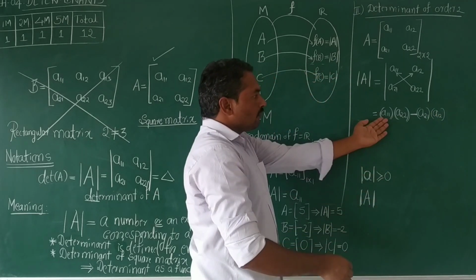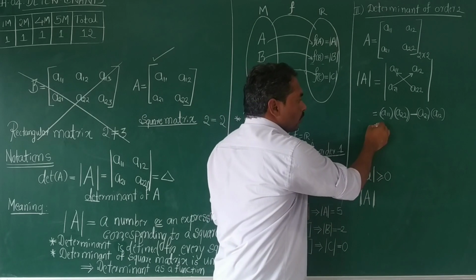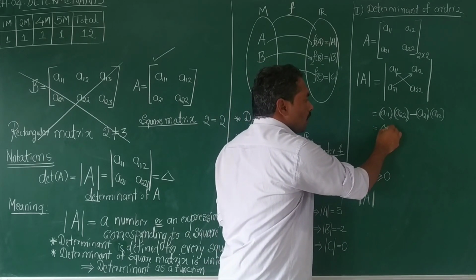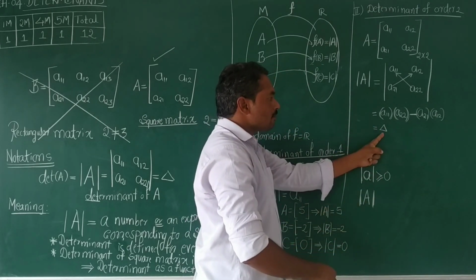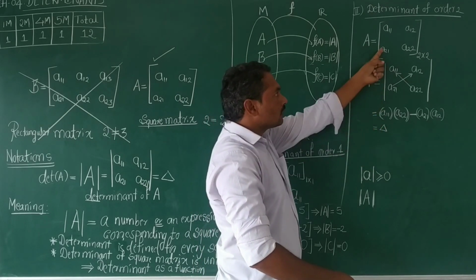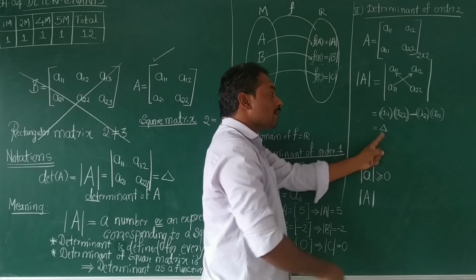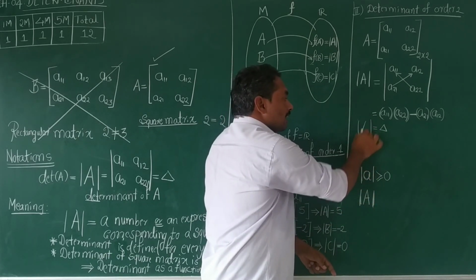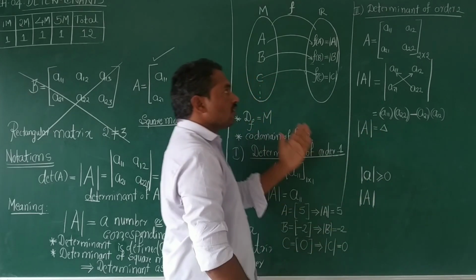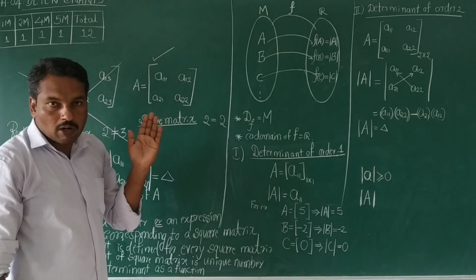After simplification of this calculation, we get a real number or a complex number. That number corresponds to this square matrix, therefore it is known as the determinant of that square matrix. So how do we define the determinant of a square matrix of order 2?